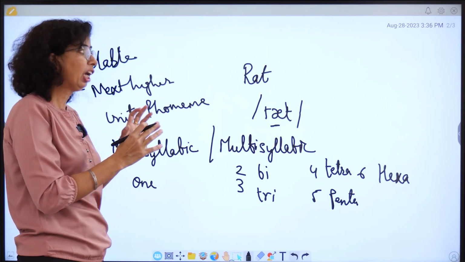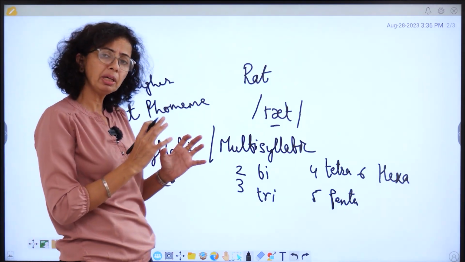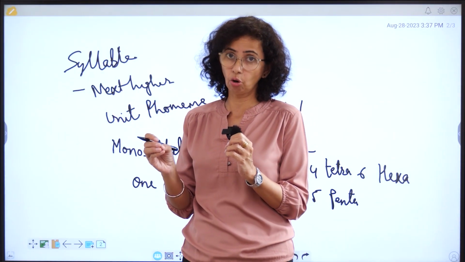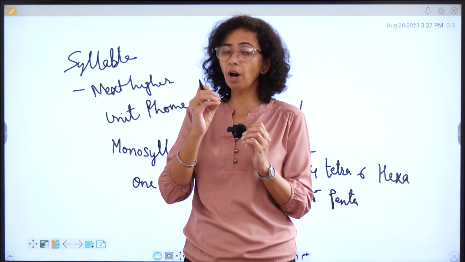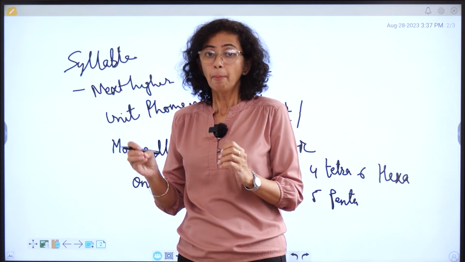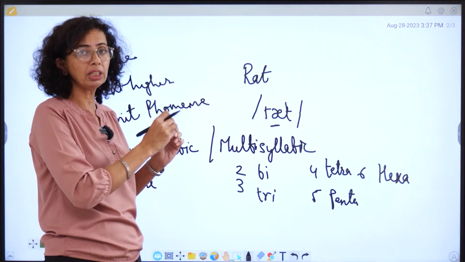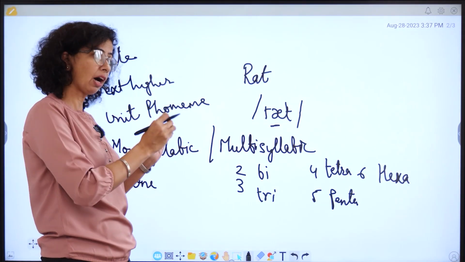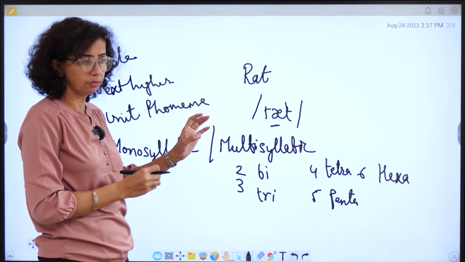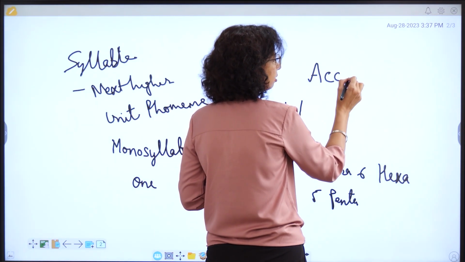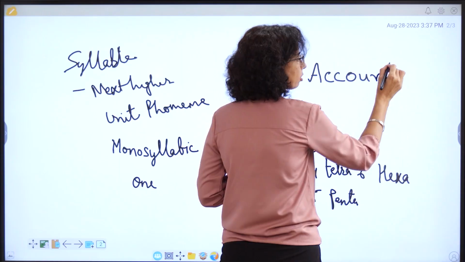In English, a word may have more than one vowel sound or more than one vowel alphabet in it. But that doesn't mean the number of vowel alphabets is equivalent to the number of vowel sounds. Let's take one example, the word account, A-C-C-O-U-N-T.